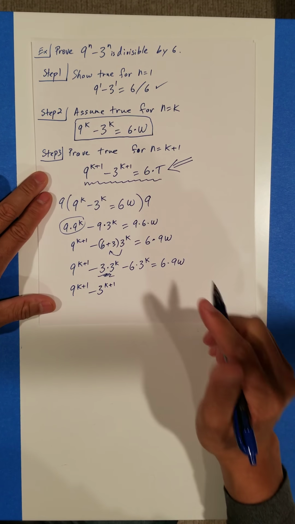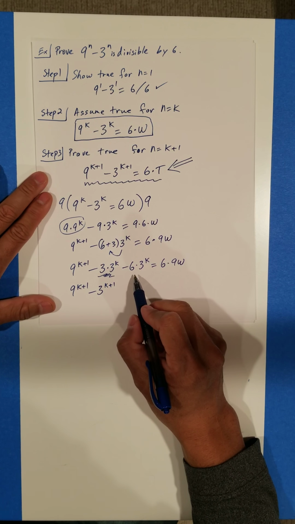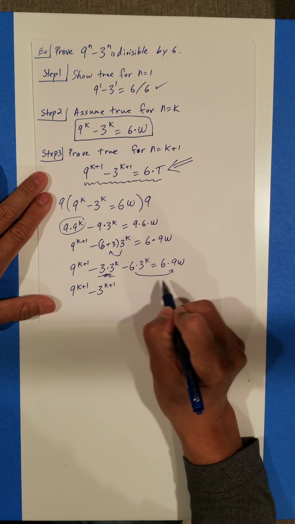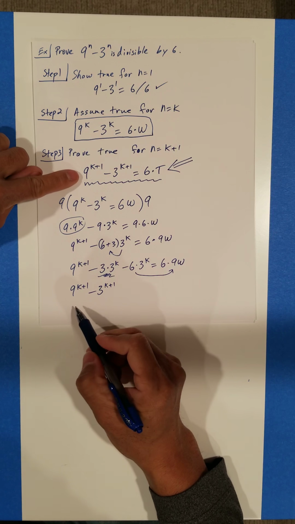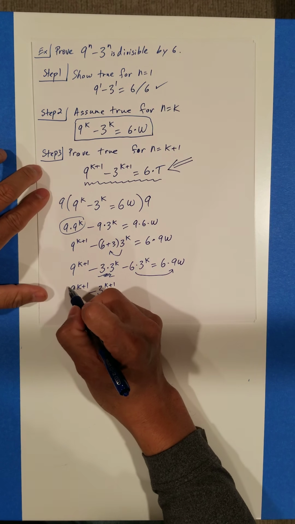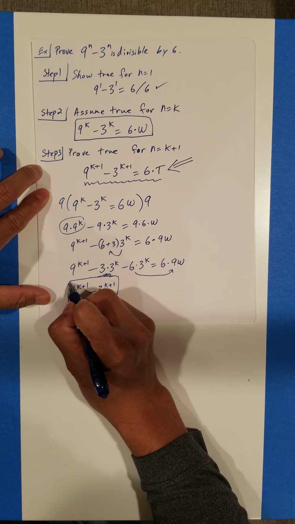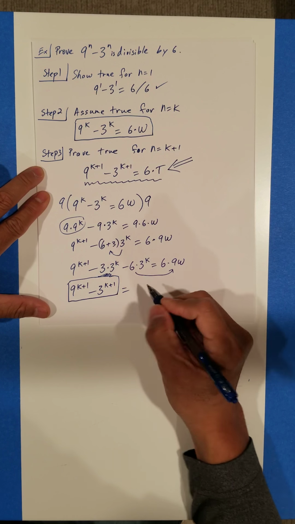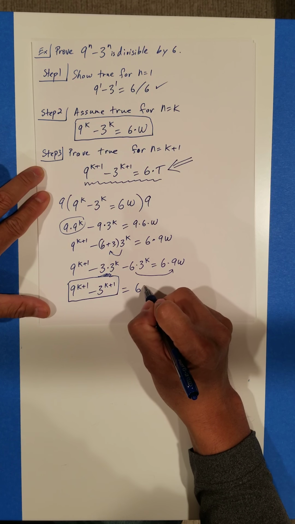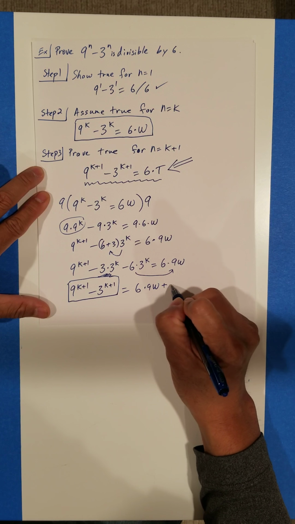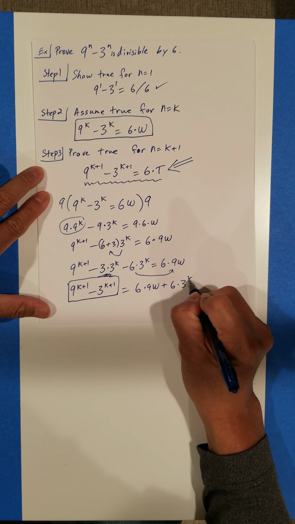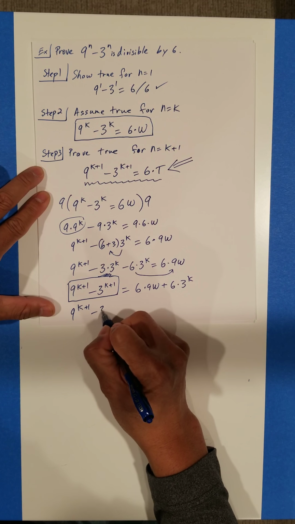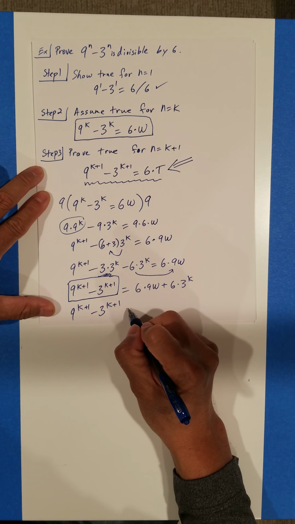Now, what we're going to do next is move this guy over here, okay? Because look, we got our proof part right here already. So this box is nice and neat. That's what we're trying to get. And so when we move this over, we get equals 6 times 9w plus 6 times 3 to the k power, okay?